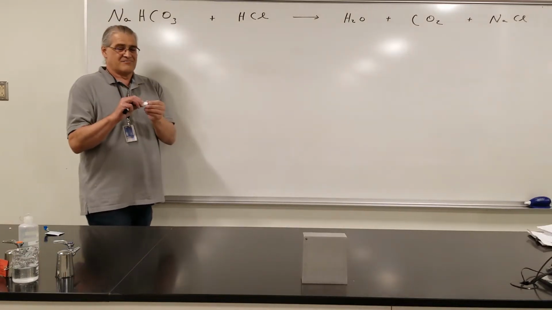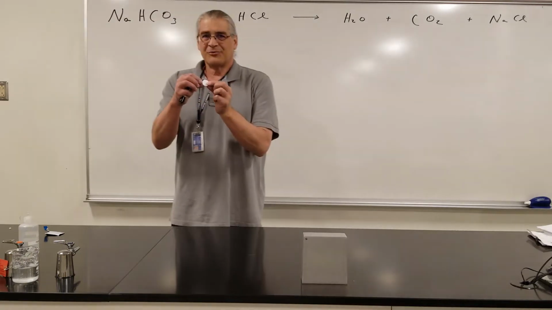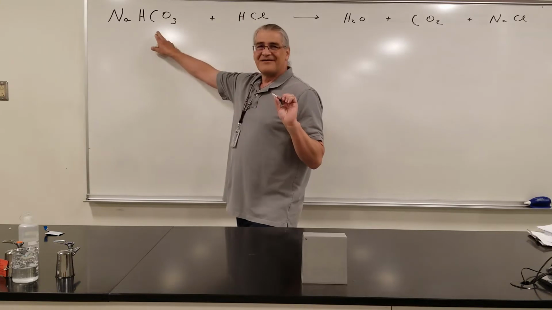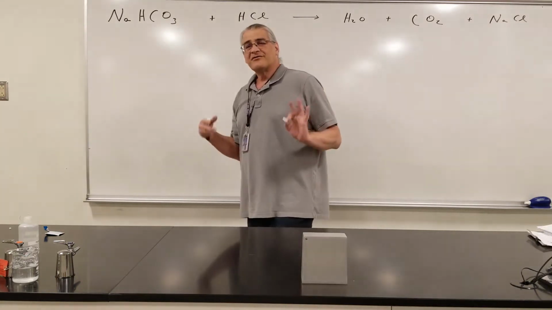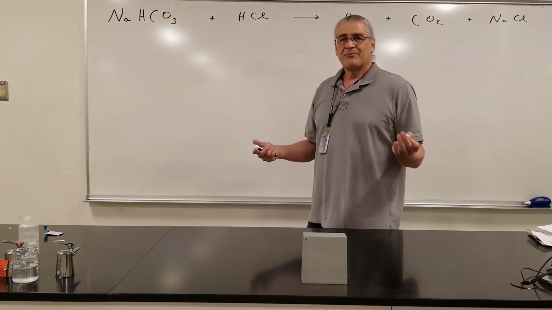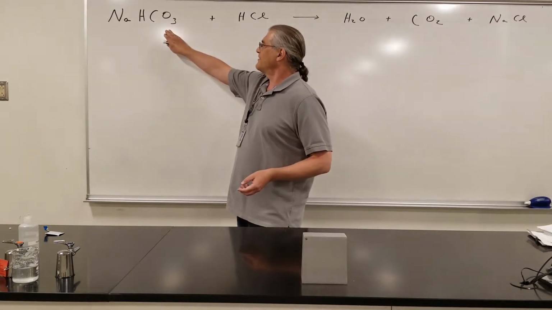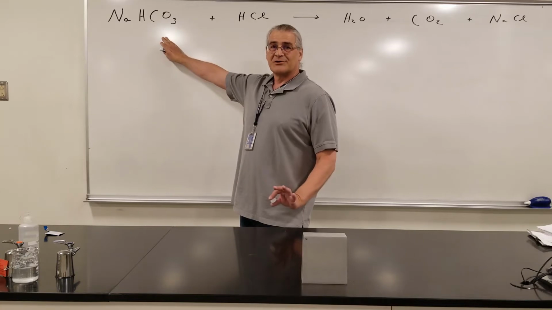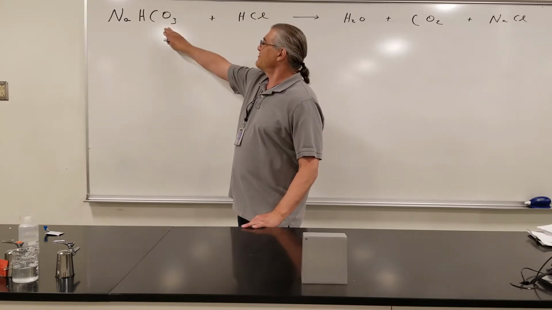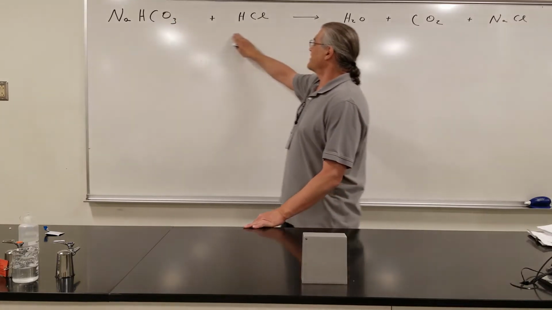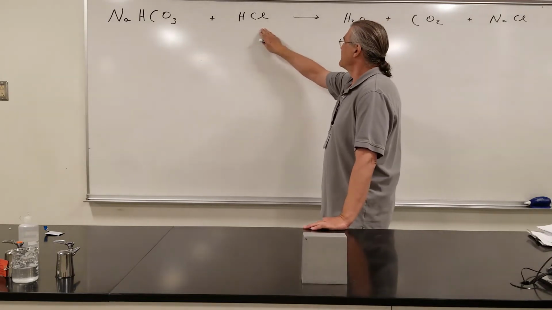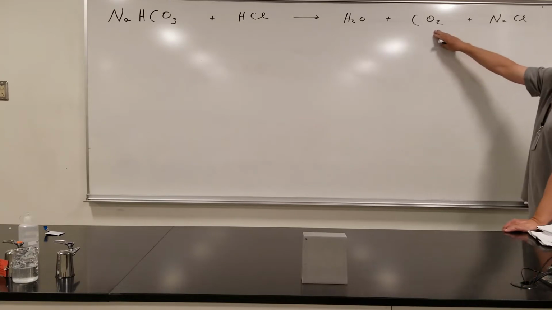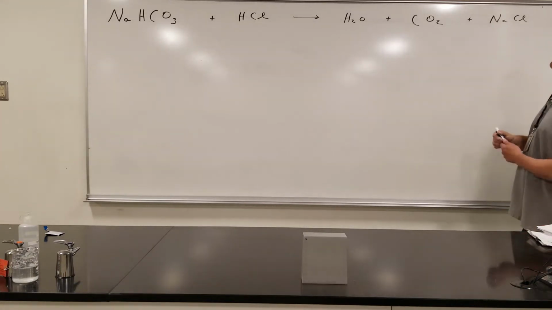Now, you can't very well take little tweezers and pluck out the grains of baking soda. So we're going to do something that chemists do all the time. We're going to take the stuff we're looking for and change it into an entirely different chemical that we can measure. So we're going to take this baking soda and react it with hydrochloric acid, which gives us water, carbon dioxide, and sodium chloride.